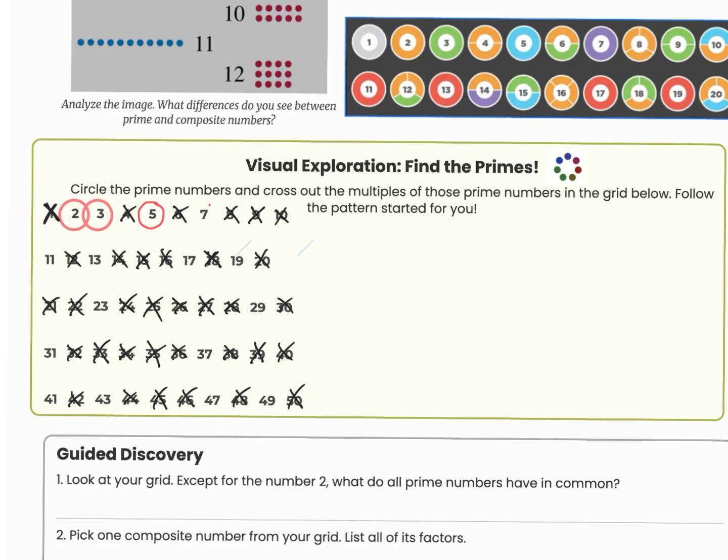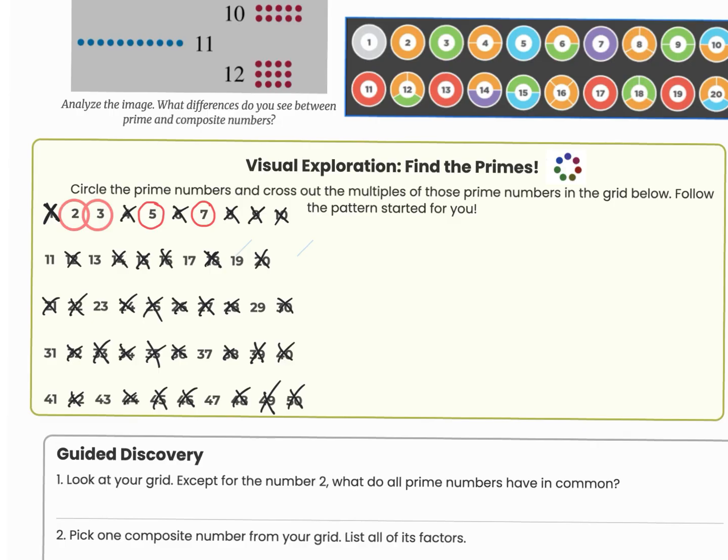So our next prime number is 7. I'm going to do the same thing. So 7, 14, 21, 28, 35, 42, 49. Now we move on to our next number.